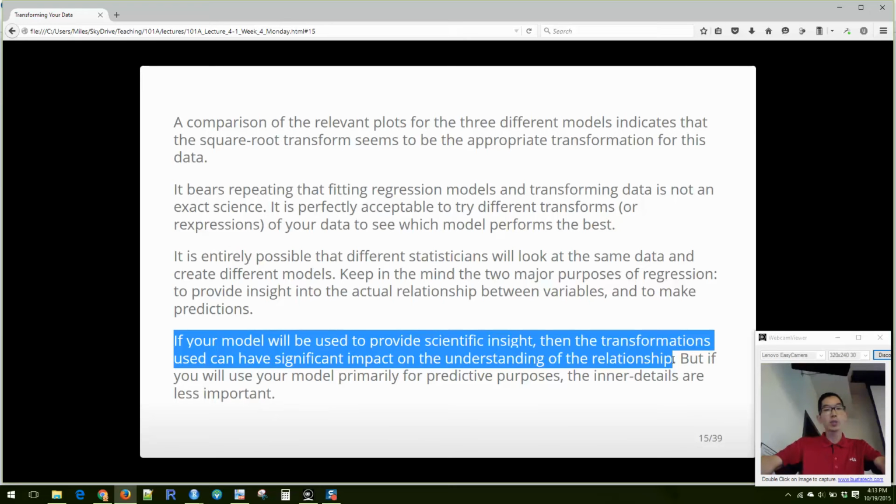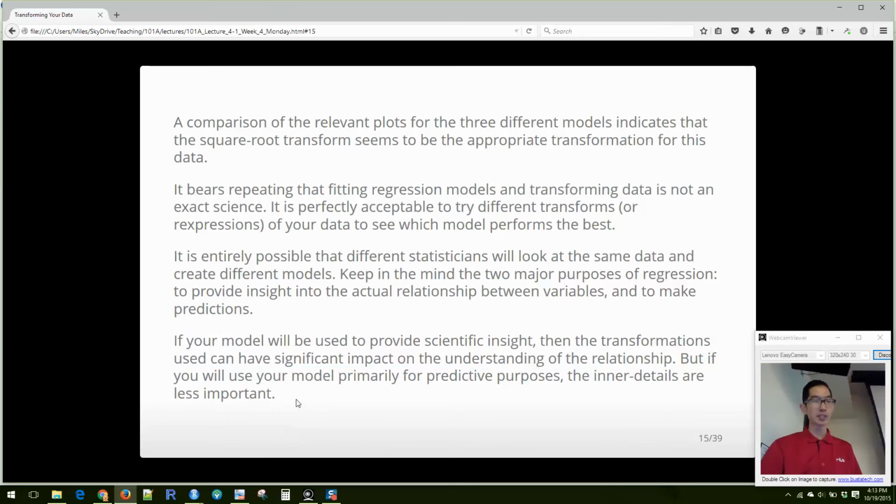But if you're using your model for predictive purposes, then it's not as important. You just want a model with good predictive properties, meaning constant variance and fitting the assumptions correctly. Square root transform, log transform, I don't think people really care. If you can make good predictions, we're happy.